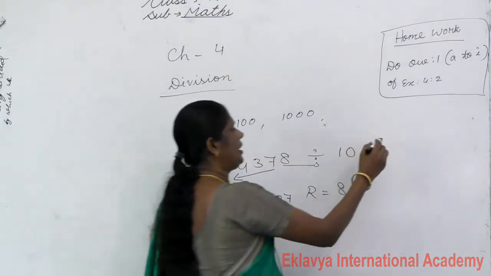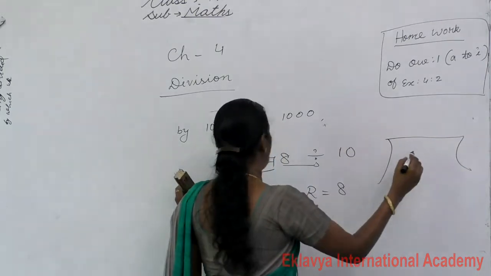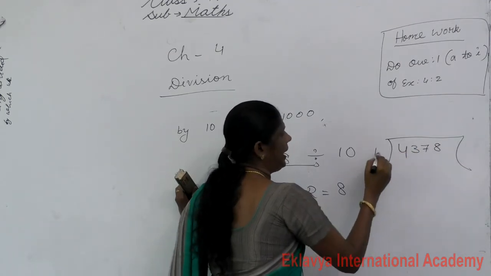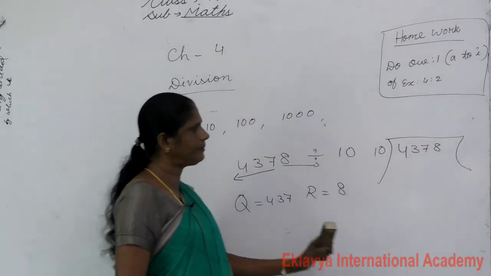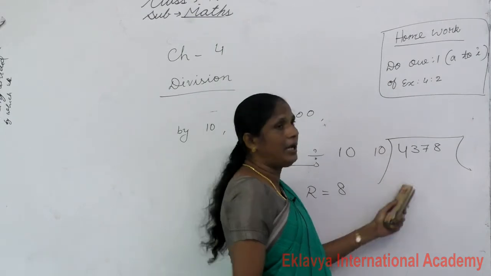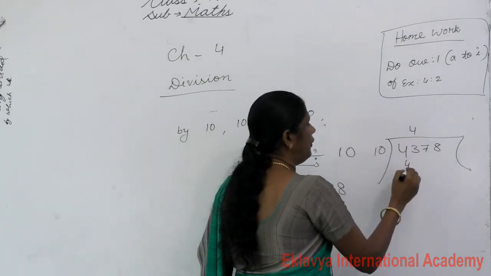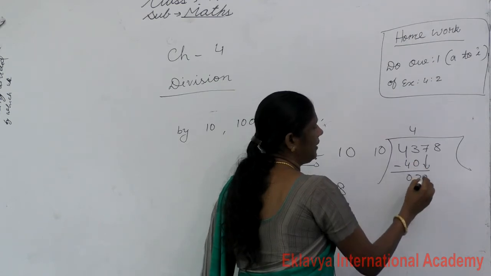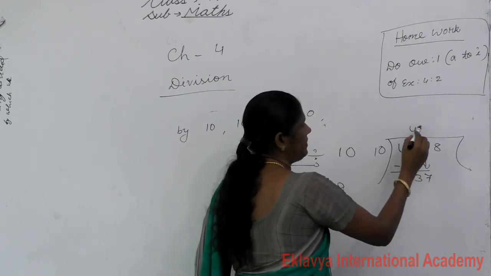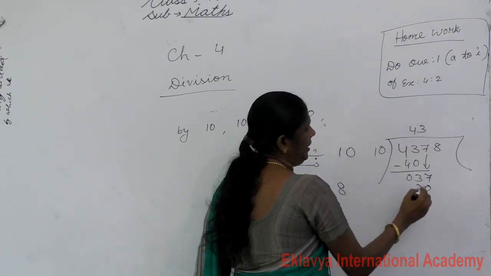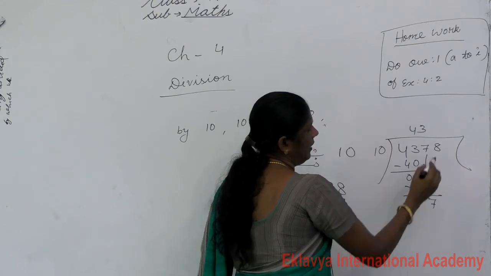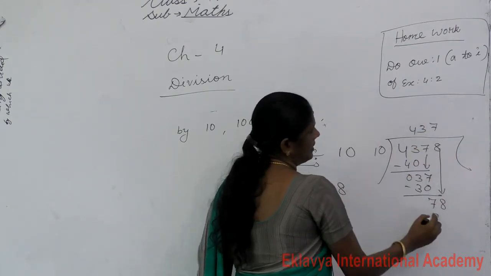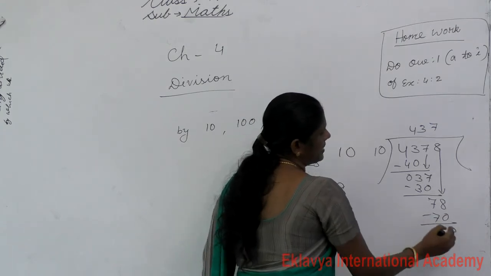Now this question I will divide, 4378 divided by 10. Listen here. How many times? 4 times 40, then 3, 0, then 7 comes down. How many times? 3 times 30, then 7, then 8 also comes down. 7 times 70, then minus, 8.